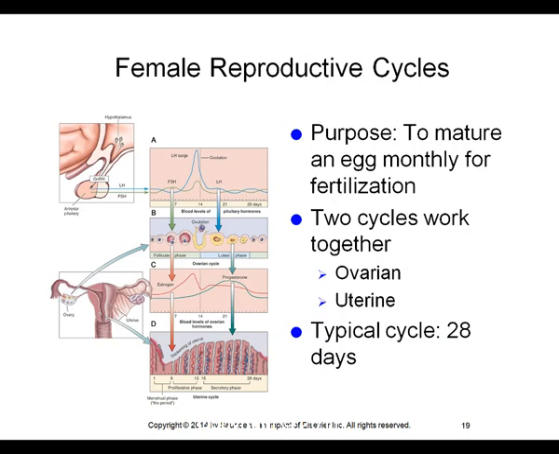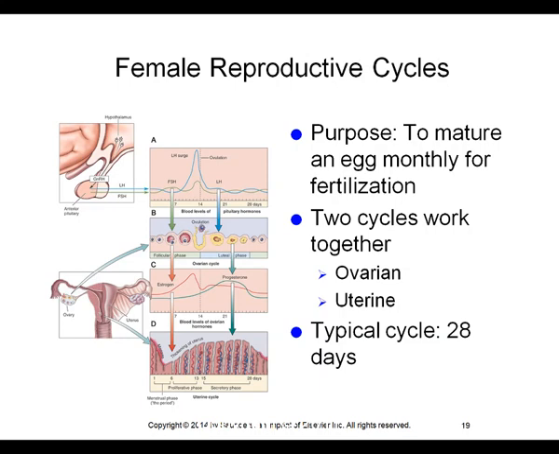Okay, make sure you understand that. And if you notice, right at that point, that's where you get a surge of LH from your pituitary gland. Notice that in diagram A, that big surge of LH, the blue line there, right in the middle. So it's LH that actually causes the ovulation to occur. Notice that FSH is a little bit higher before ovulation, because FSH is maintaining the follicle.